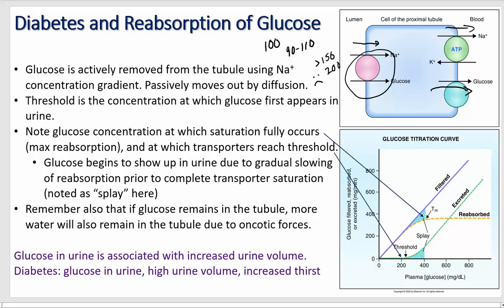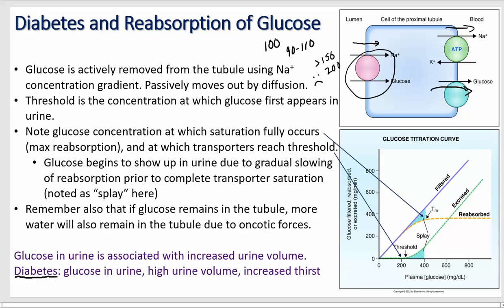So when we think of diabetes, there are a lot of symptoms that could possibly happen, especially with a new diagnosis. But a lot of times, honestly, people start noticing that they're peeing all the time. Especially with type 2 diabetes and older people, they're running to the bathroom all the time.